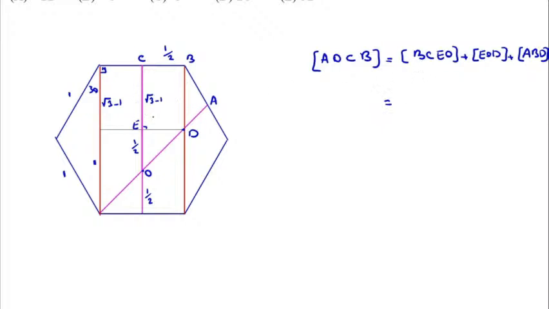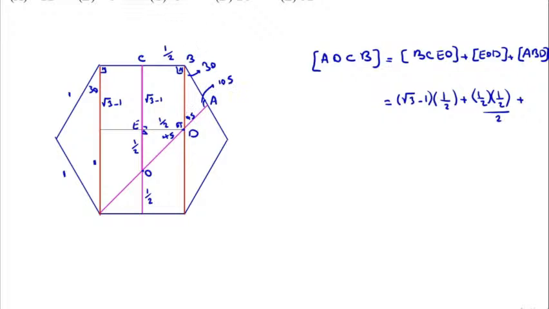Now, the area of BCEO is root 3 minus 1 times 1 over 2, plus the area of EOD, a right angle triangle, which will be 1 over 2 times 1 over 2 over 2, plus the next one AOD. Let's work on the angles. It is 45, it is 90, it is 45, then it is 90. Now this angle is 30, 30, 45, 75, and it will be 105.